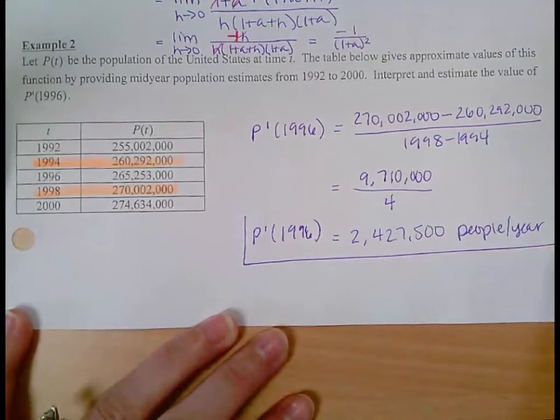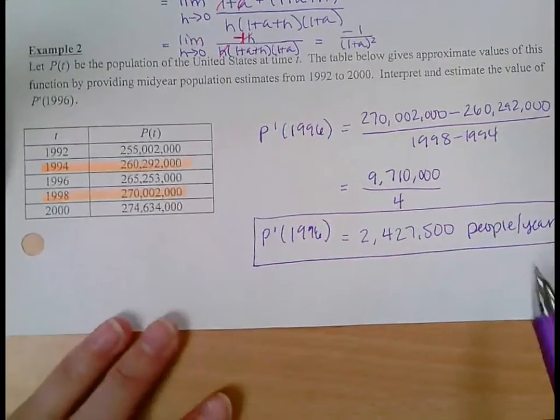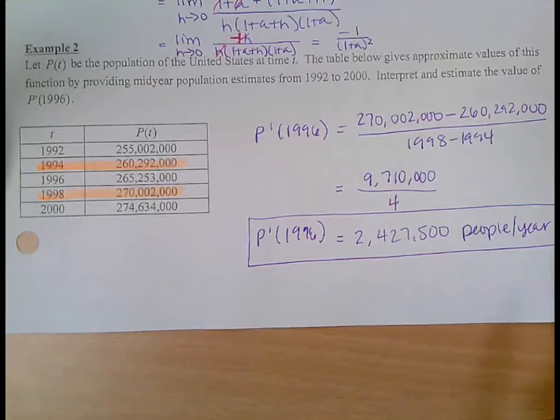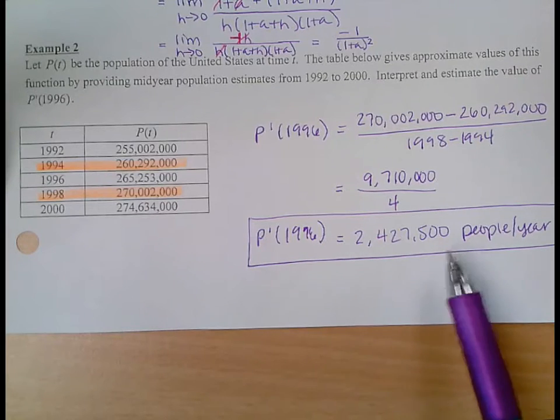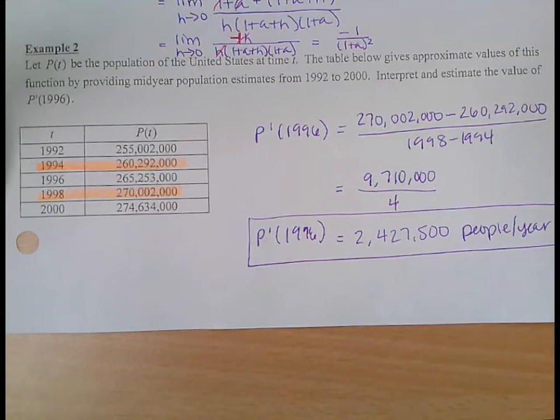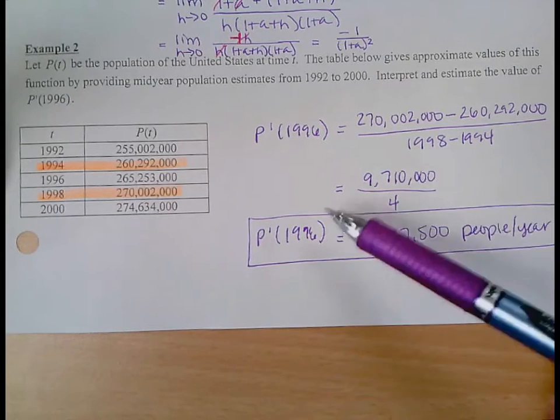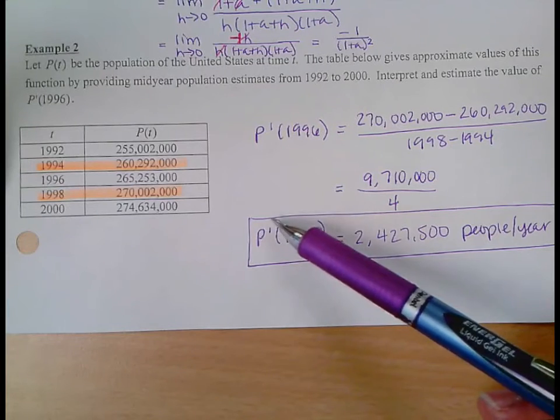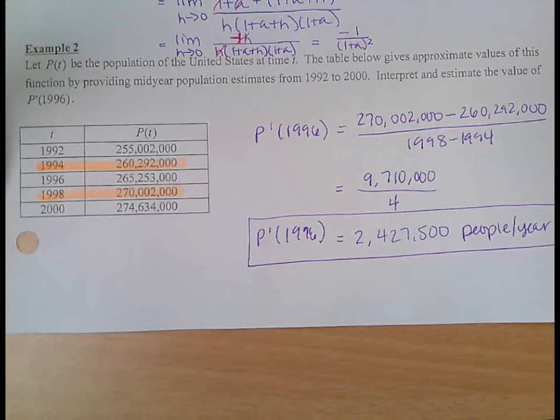It then says to interpret. To interpret this, it's good to know what your units are. In general, if it just asked us for P prime of 1996, you wouldn't have to give the units, but it's helpful when you know them to interpret. What's important for you to note is that a derivative or any rate of change is going to show an increase or a decrease.